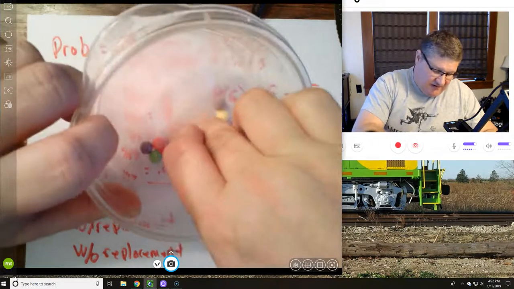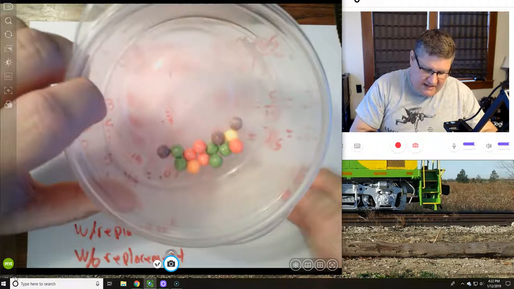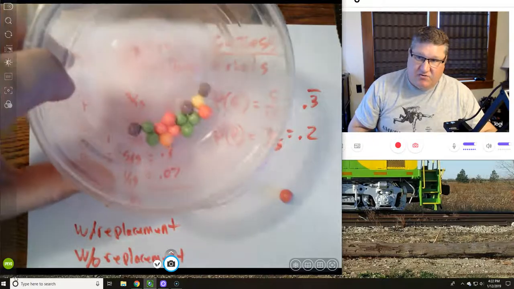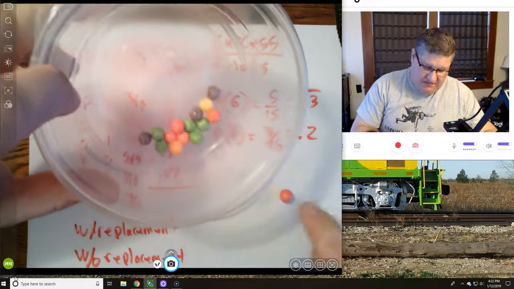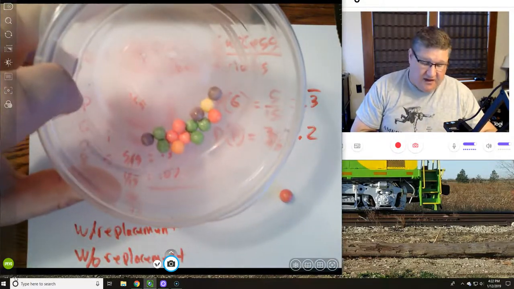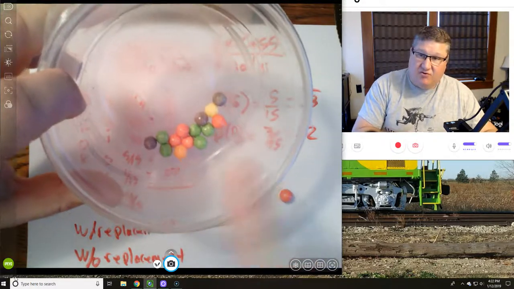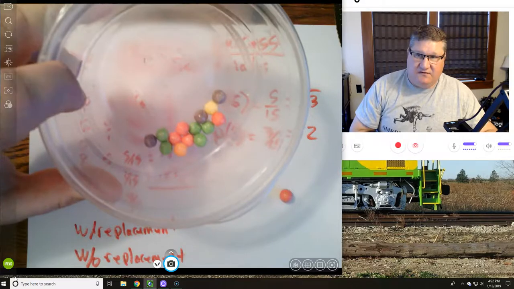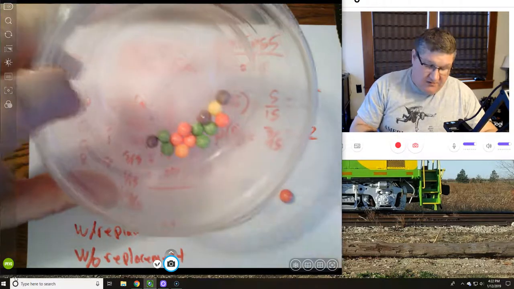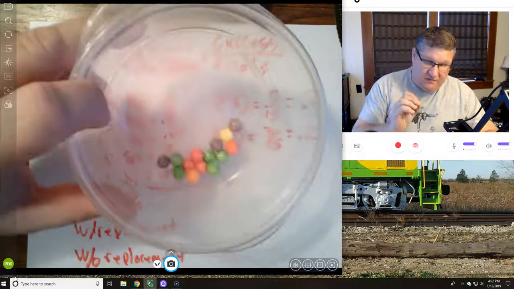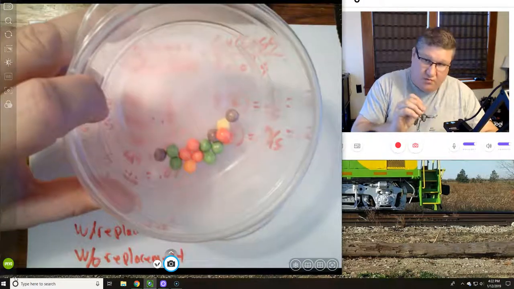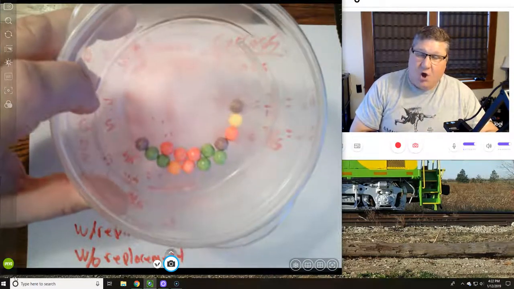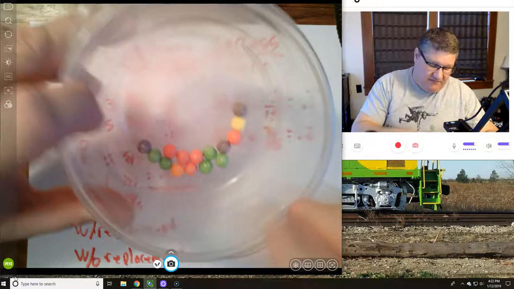Let's make it even tougher. Is the probability of a green now the same if I chose my red and left it out? Is the probability of getting a green the second time the same as it was the first time? Well, here we go. The answer is, as long as you use with replacement, all the probabilities will be the same every time I do it.